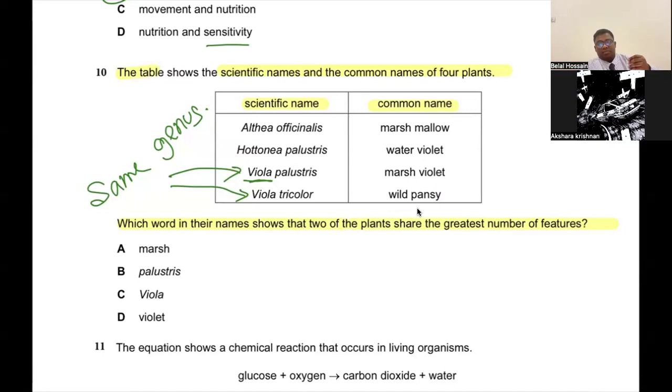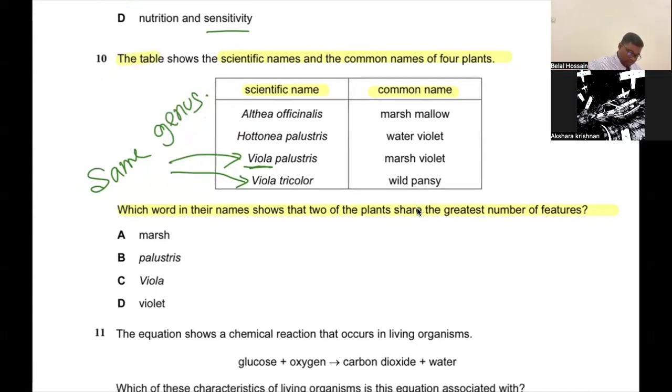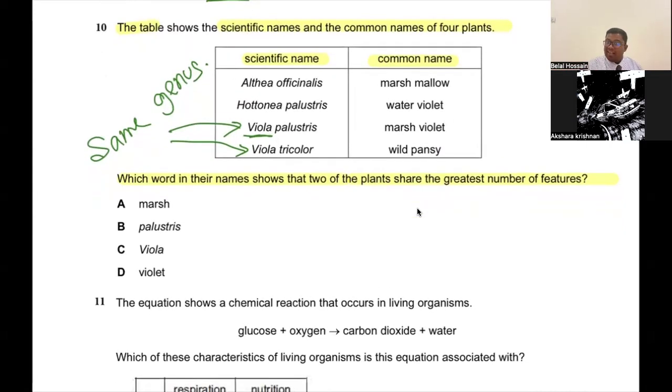But at the same time, even the same butterfly has 100 different colors. Then we will think that they are all not the same, correct or not? And there are many types of horses. You haven't seen a horse that actually looks like a donkey, by the way. So that's why only the name of the genus can tell you they're closely related. So C will be the answer.